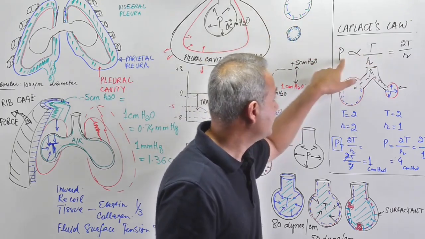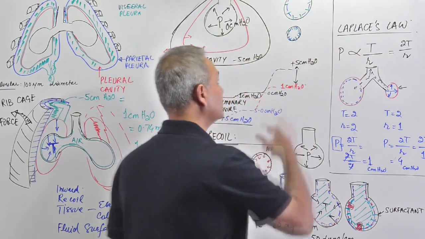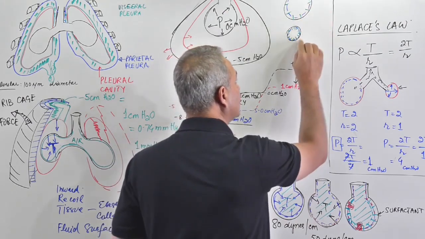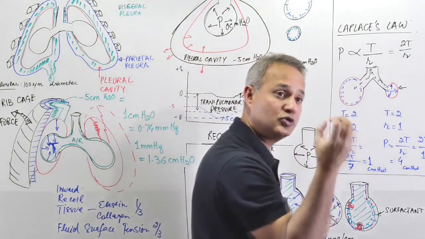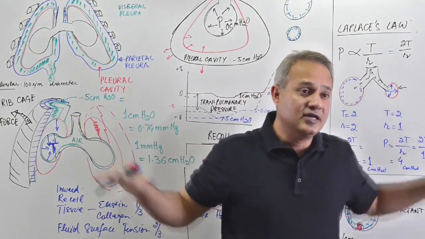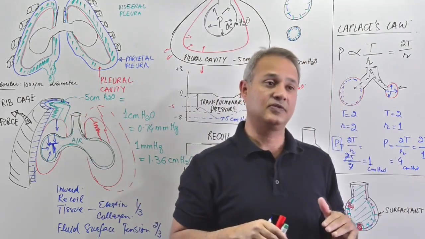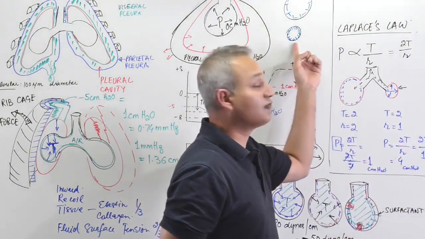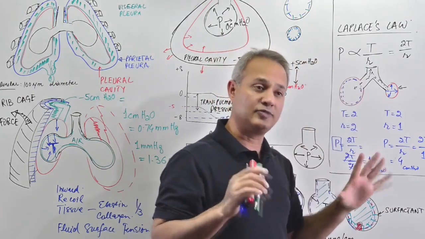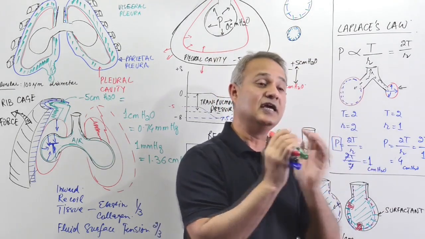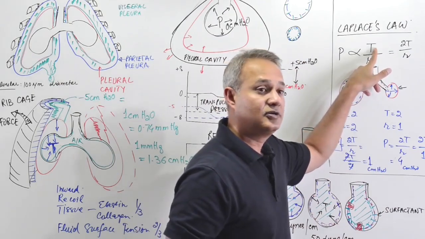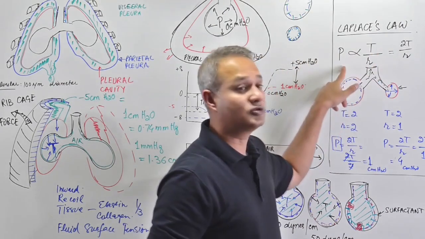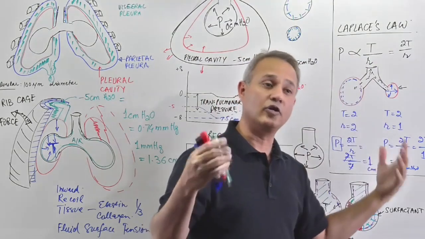However, here's the deal: because of the surfactant, as you reduce the radius, the surfactant molecules come closer to each other. They say, no, don't come near. So they reduce the surface tension. So the relative density of surfactant increases in a normal person when the alveolar diameter reduces. That reduces the tension, so T reduces. So when the T reduces, then the pressure also does not develop too much and we stay normal.